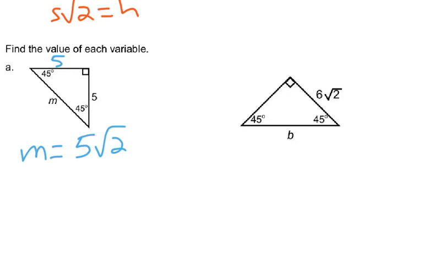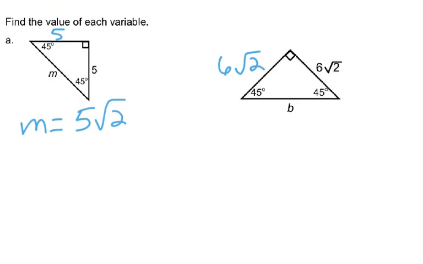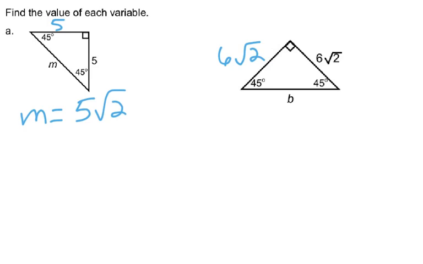Now on this one, it says one leg is 6 root 2. So again, the other one also is going to be 6 root 2. You have to be careful on a problem that already has a root there for you. The formula says take your leg, which is 6 root 2, and multiply it by root 2.